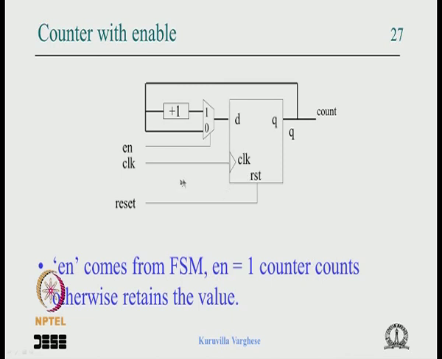We write a process with clock and reset in the sensitivity list, and we say begin, if reset is 1 because it has a priority, asynchronous, then q gets all 0, else if clock'event and clock is equal to 1, and this is synchronous, we say if enable is 1 q gets q plus 1, end if, that means otherwise you recirculate it, and end the if of the first if and end process.